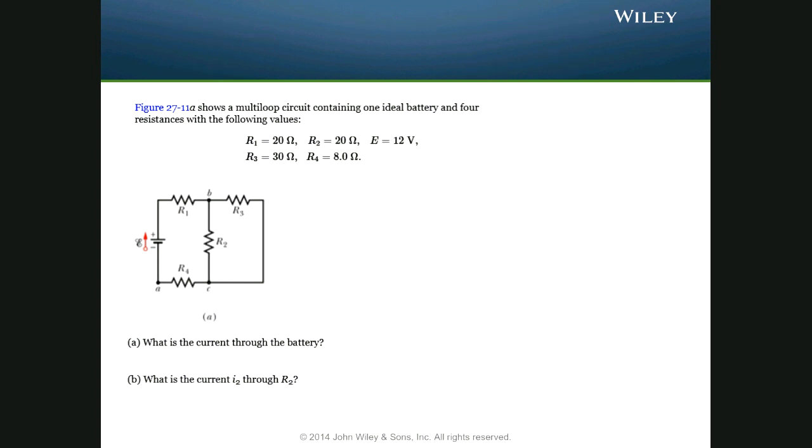So things we want to keep in mind from the previous part before we start. I'm going to redraw some of it. In order to find the current through the second resistance, I want to keep in mind the stuff from part A, because I can't do part B without part A. Interesting things we learned in part A is that I is equal to 0.3 amps. We learned that R23 is equal to 12 ohms.